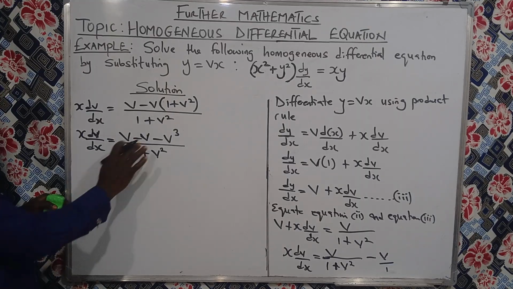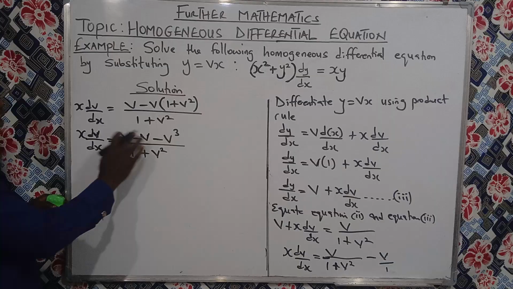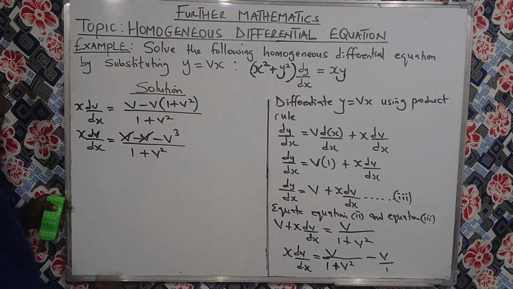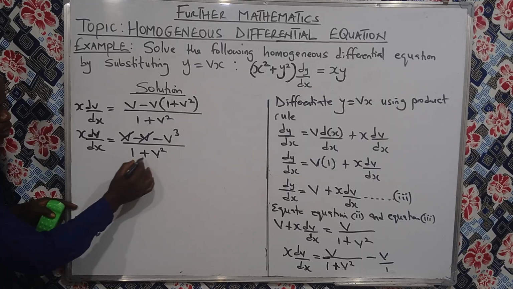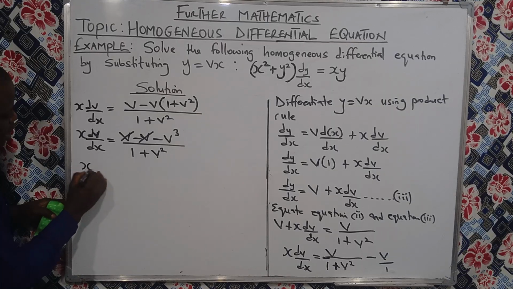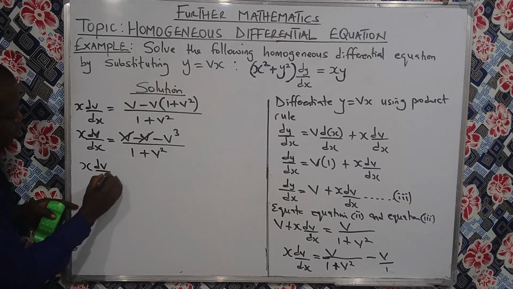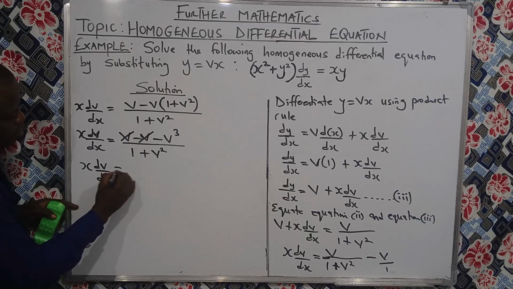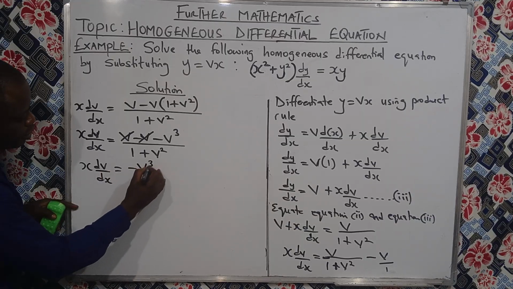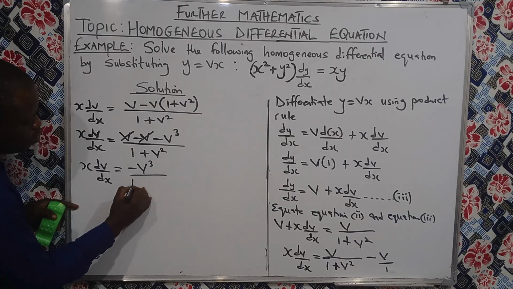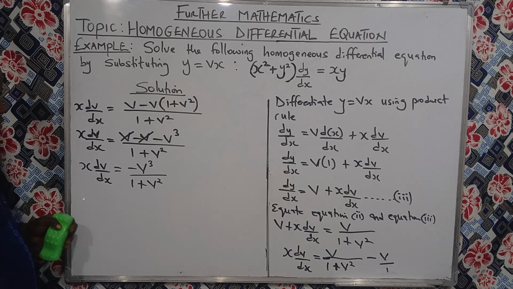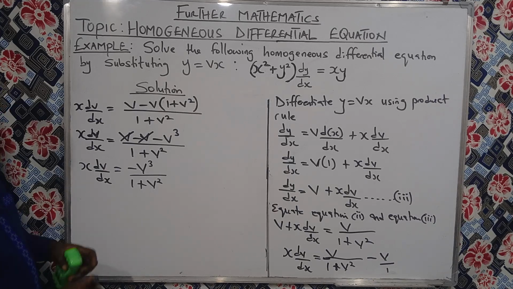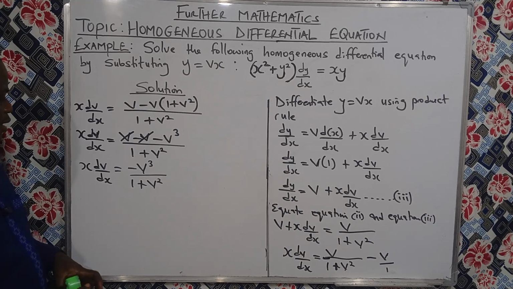When you look at what we have in here, you have plus v minus v, it cancels out automatically. You are now left with minus v raised to power 3 over 1 plus v squared. That's x dv over dx equals minus v raised to power 3 over 1 plus v squared. Can you see what we are doing? We are following it systematically.